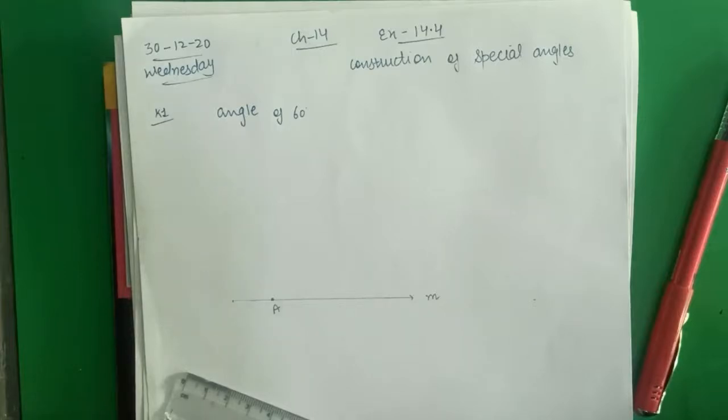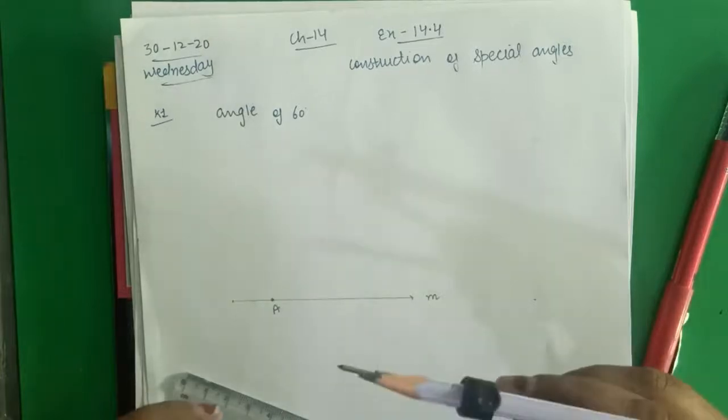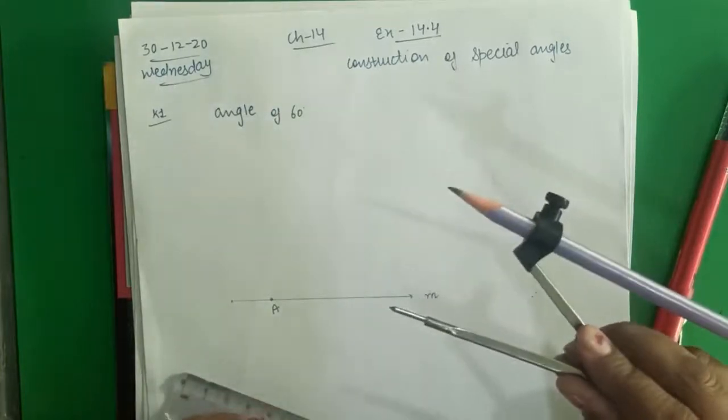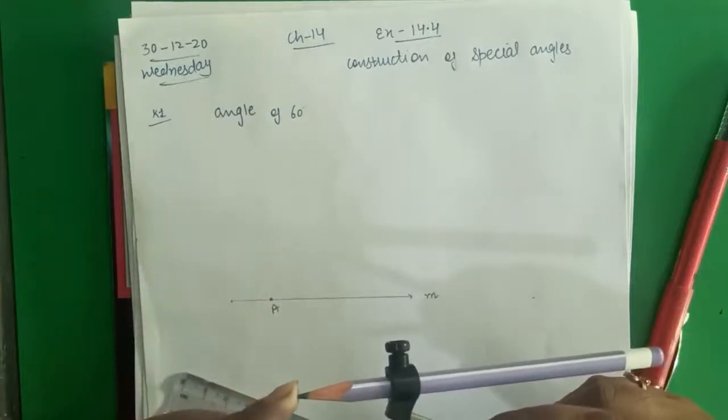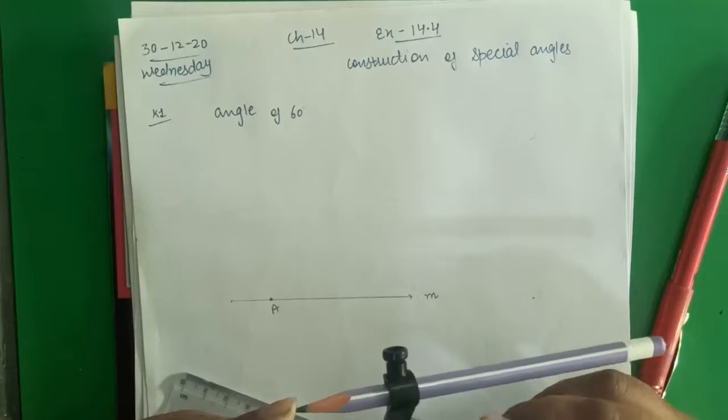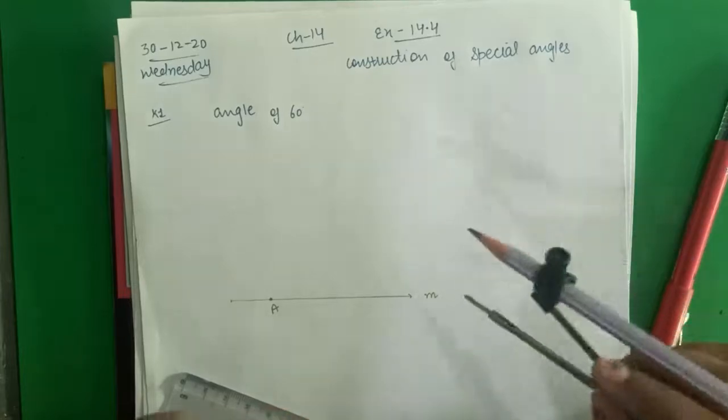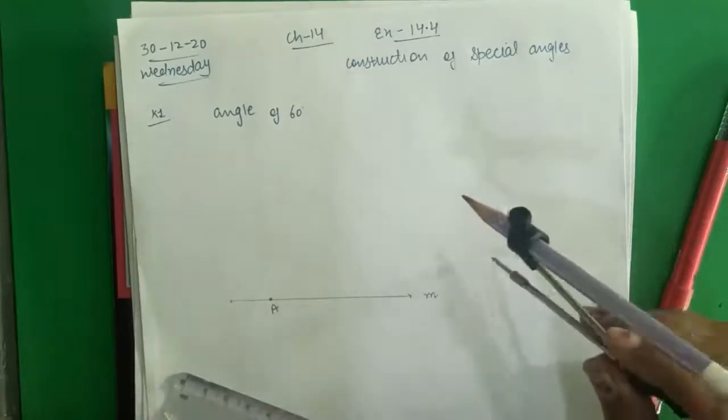Third, with A as the center and a radius of any length, you can make the compass as wide as you like, draw an arc that intersects the line M at B.